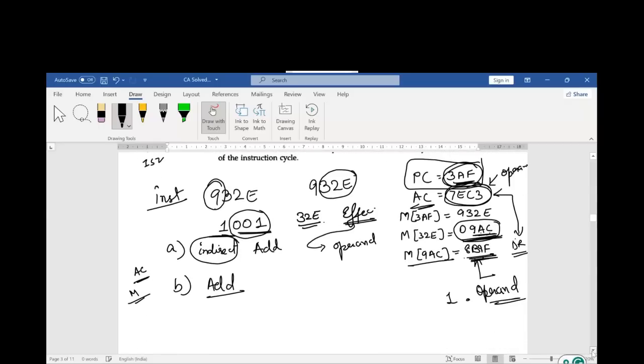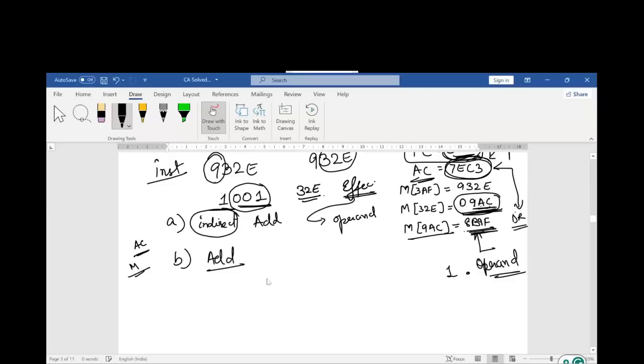Let us quickly perform addition on the two operands 8B9F and 7EC3.